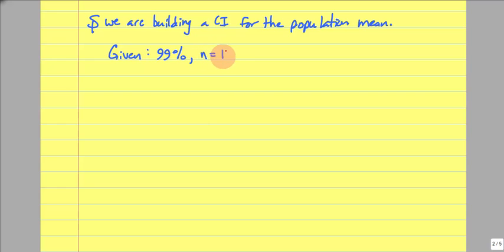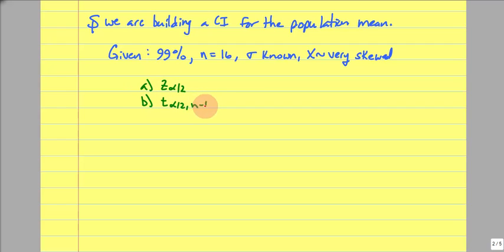Sample size is 16. Sigma is known. And the underlying distribution is very skewed. So X is not distributed normal, X is distributed very skewed. So the question here: do I do A, the normal distribution alpha over 2, B, the t distribution alpha over 2 with n minus 1 degrees of freedom, or C, neither?